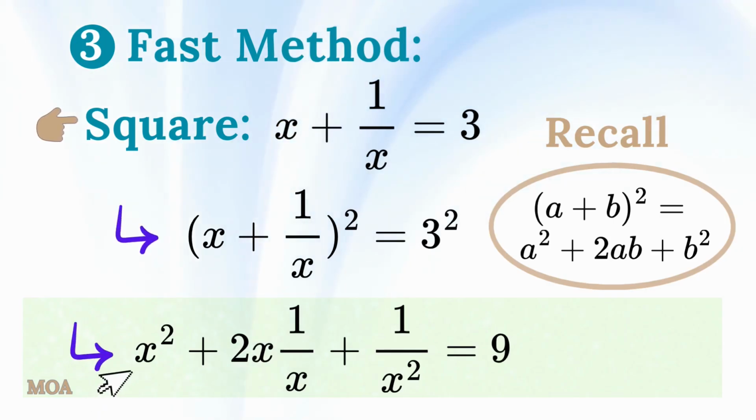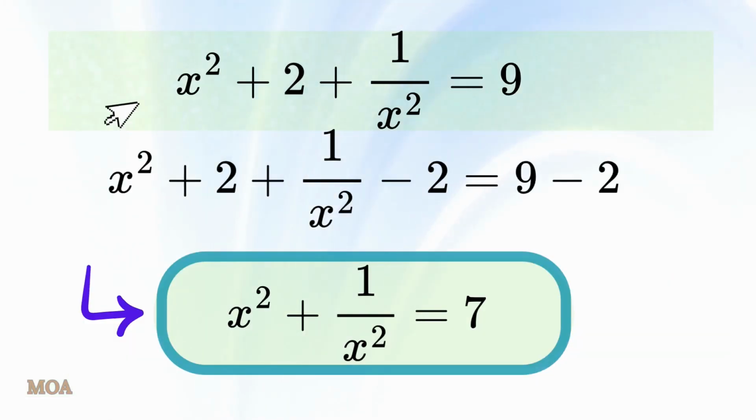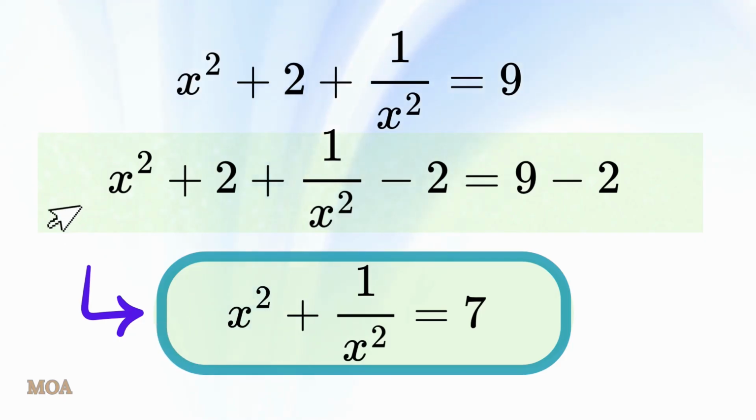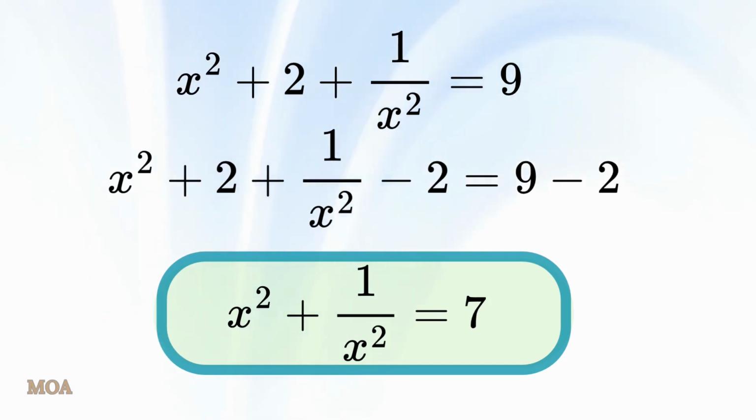Now, since the product of x and 1 over x is 1, this expression becomes equivalent to the relation x squared plus 2 plus 1 over x squared equals 9. Now, by subtracting 2 from both sides of the equation, we obtain x squared plus 1 over x squared equals 7. Now, what is next?